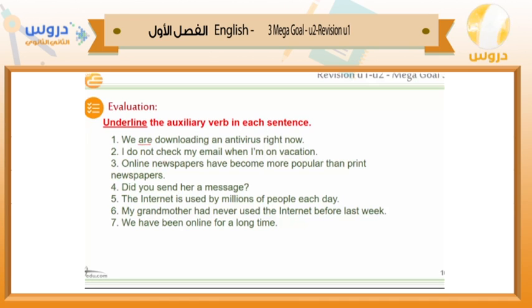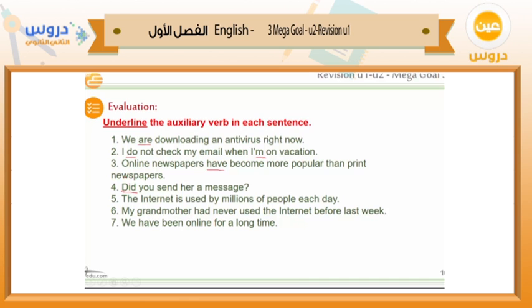Number 2. I do not check my emails when I'm on vacation. Excellent. Do and am. Number 3. Online newspapers have become more popular than print. Have. Number 4. Did you send her a message? Did. Excellent.